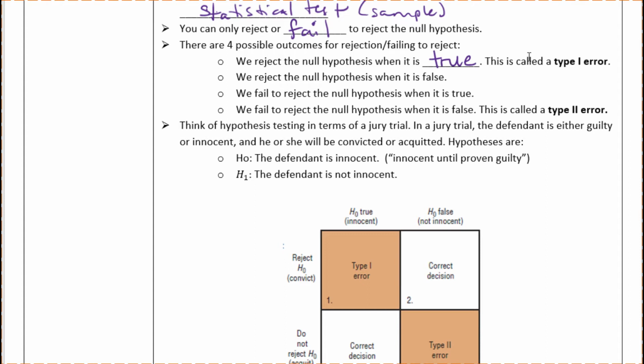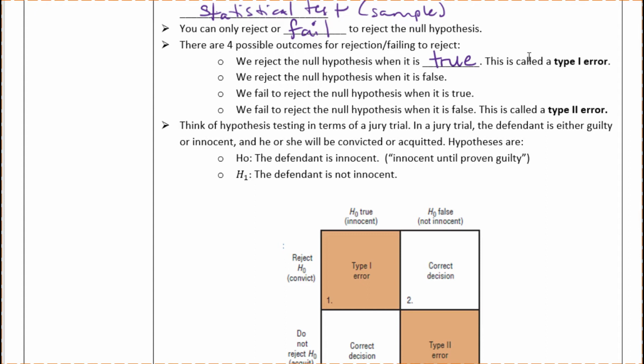But there's no way we're going to sample every single person in the population unless you had enough time, money, and resources. So this is why we are doing this based on probability. There's a probability that our decision was incorrect. This is the type 1 error.